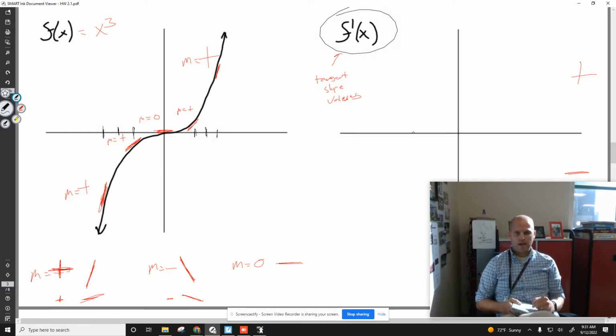And we could say, okay, very positive, less positive, 0, positive, very positive. And if we looked in between, we'd see that if we connected all of our slope values, they form this U shape, this graph that has an equation.